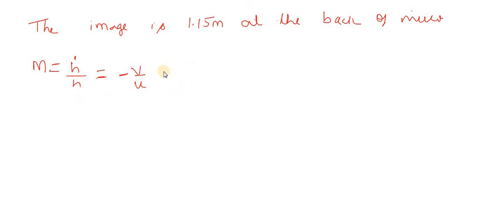Here v we just found is minus 1.15 m divided by u, which is minus 5. Minus and minus get cancelled, so this is equal to 1.15 divided by 5.